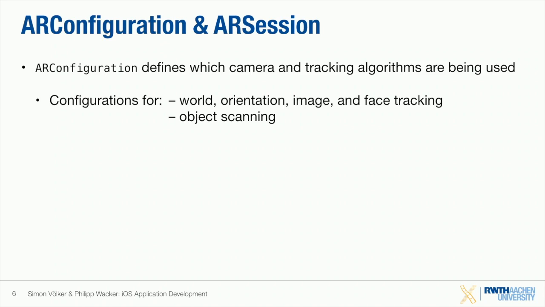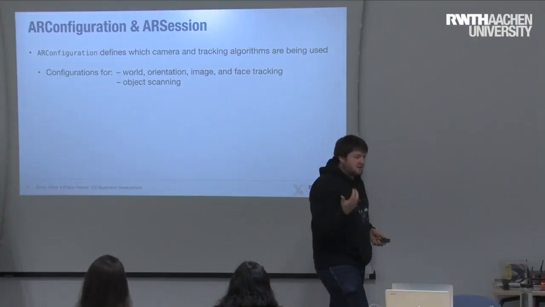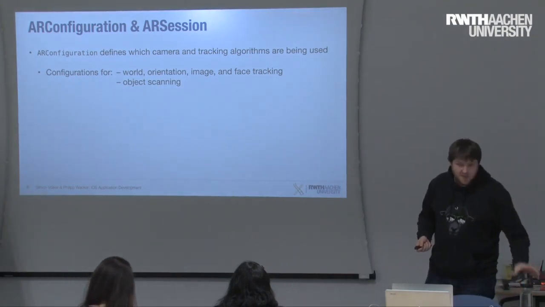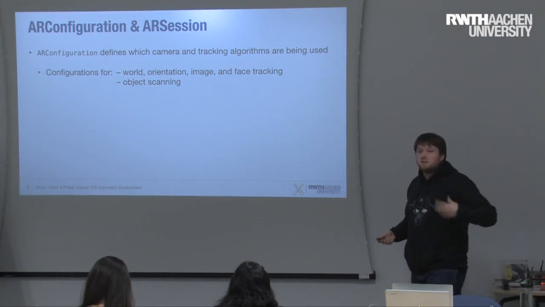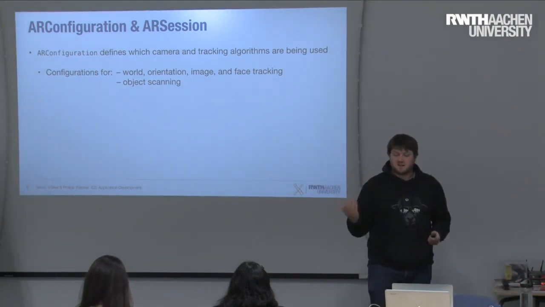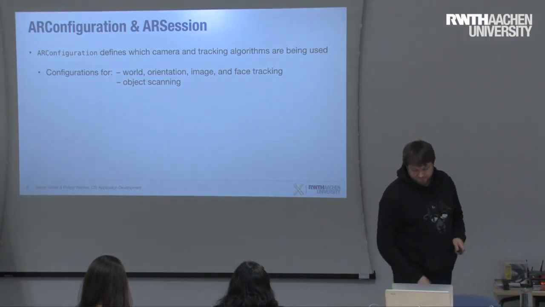That is all for the tracking, but there's also object tracking that you can enable. For that, there is the object scanning configuration, which allows you, prior to detecting the object, to actually scan it, so that you can take an object standing around, scan its information, and pass it on to the configuration so that it tracks it the next time.